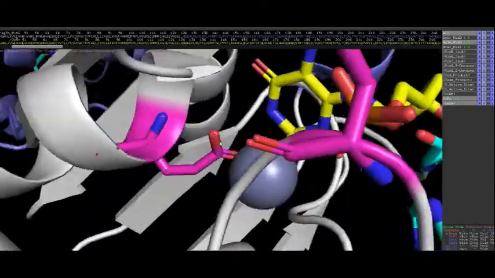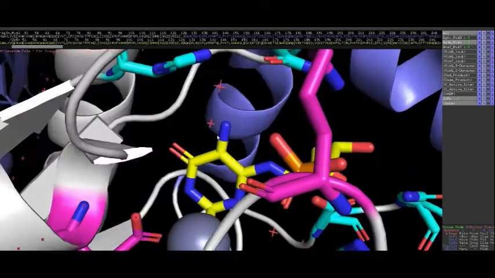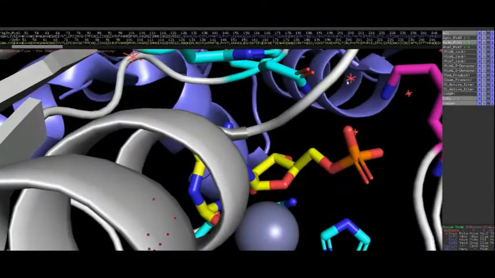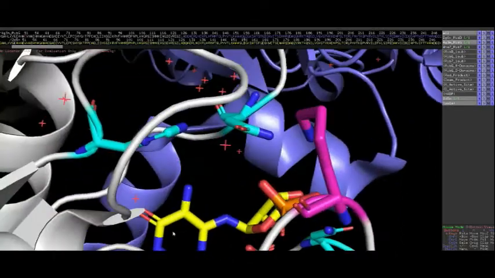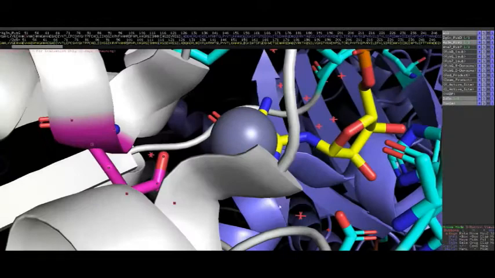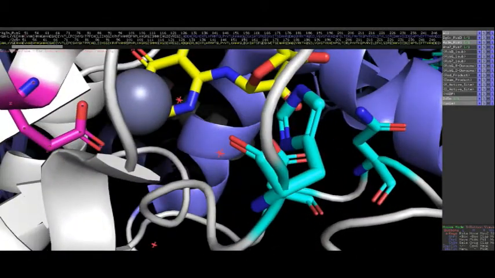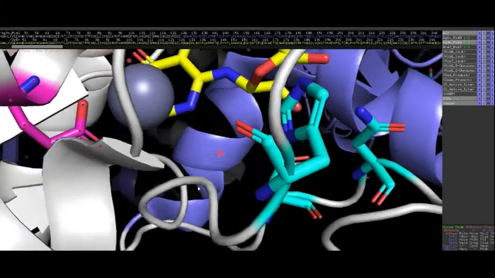And so maybe you could say that this water, I don't know, that's a little bit far away. Trying to see, maybe this water down here is the water they think is attacking that carbon there and replacing the amine.